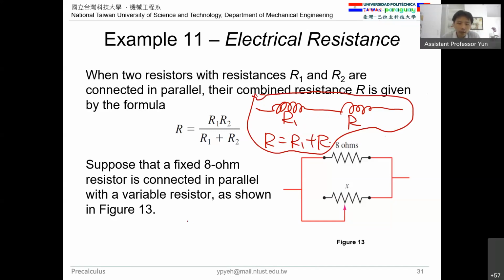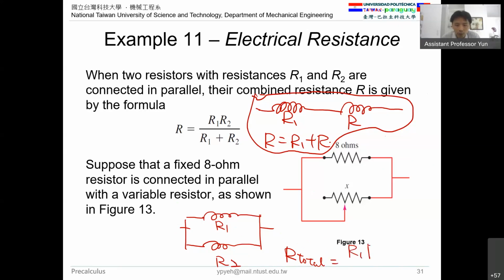But in the case of a parallel connection, for example, two resistances connected in parallel, here R1, here R2. Then the total resistance of these devices will equal R1 times R2 divided by R1 plus R2.